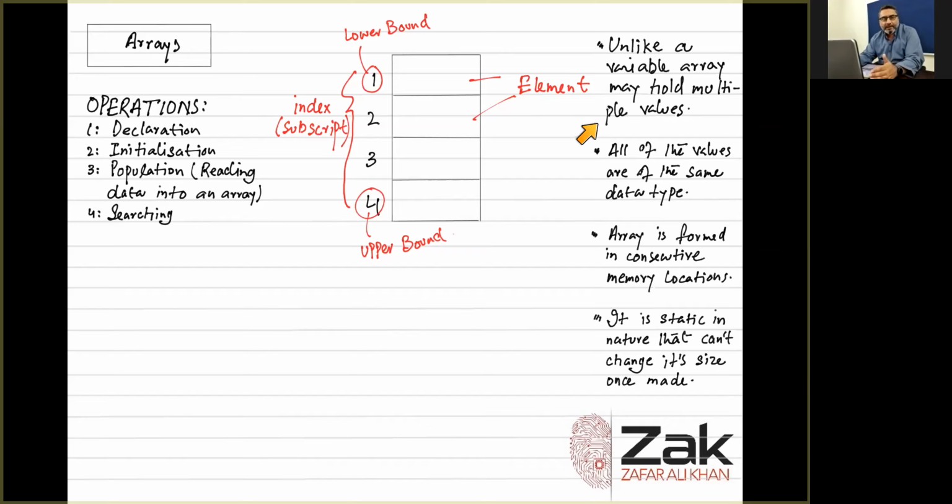Array is found in consecutive memory locations. As I just suggested, whenever the array is made, it is made in one memory location. Few people think that these divisions of the arrays might be scattered in memory, but no, they are not scattered. They are all in consecutive memory locations.